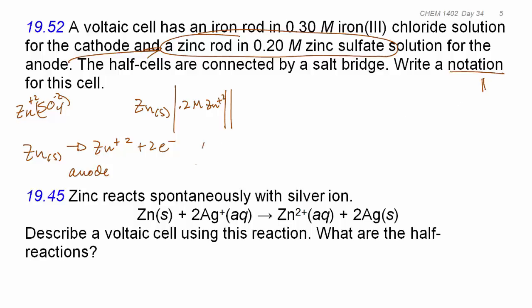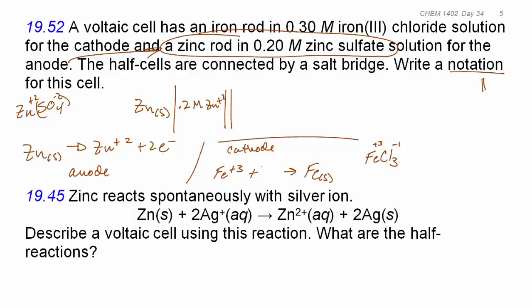So for the cathode, I have to react with electrons. So my iron 3, they said iron 3 chloride. Don't let that confuse you. That's just an iron plus 3, because each chlorine has a minus. So my iron plus 3 has to react with electrons and produce iron solid.